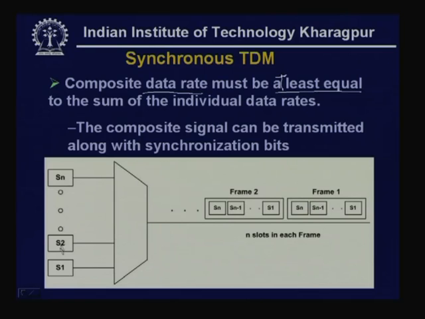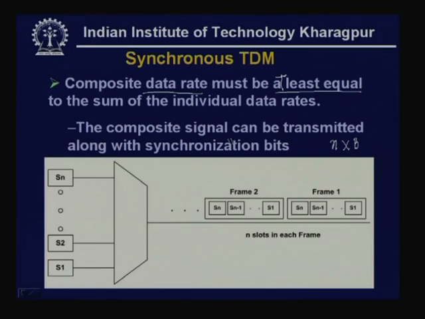So, if you sum up the individual data rates, say you have n channels, each with data rate b, then this scanning has to be n into b. That means the rate will be at least n times the individual data rate when you have n stations or channels.